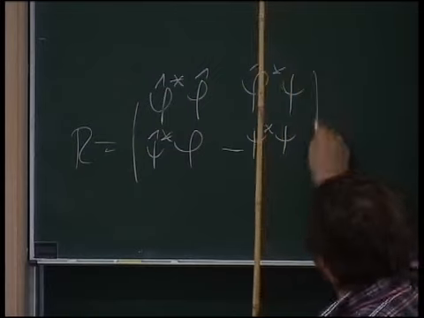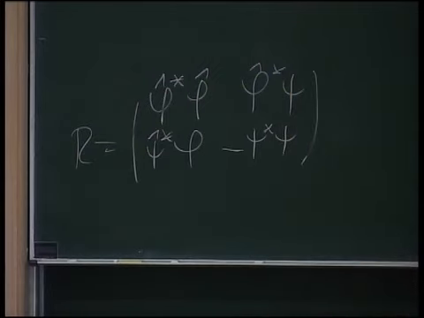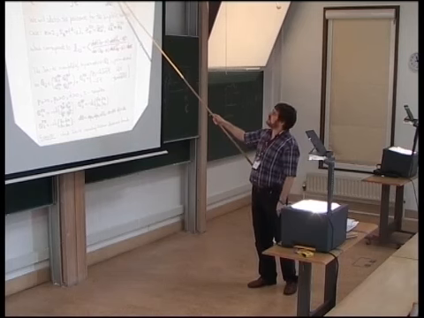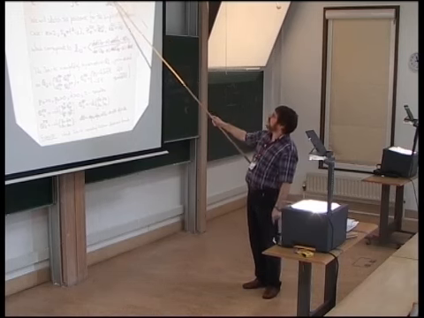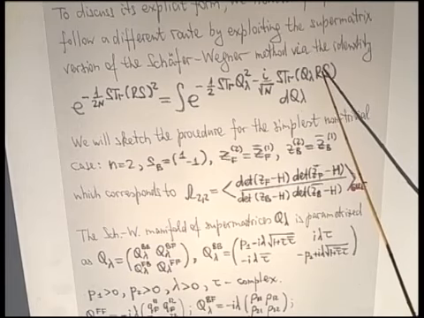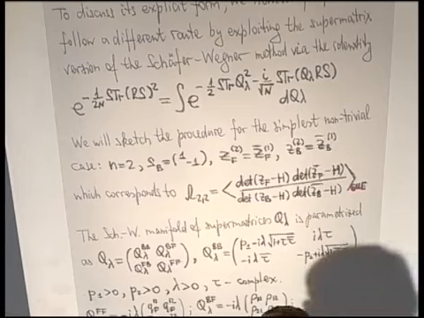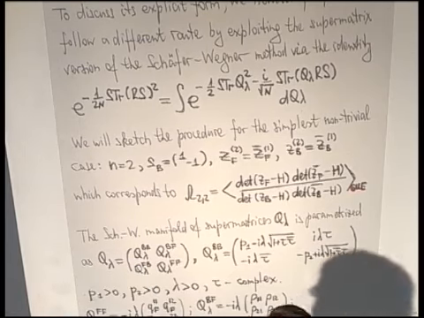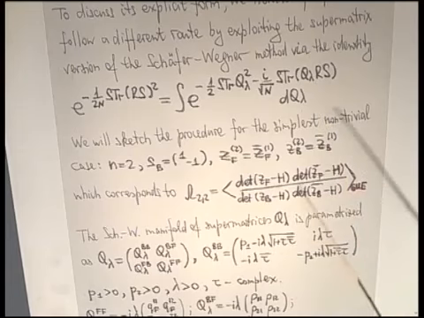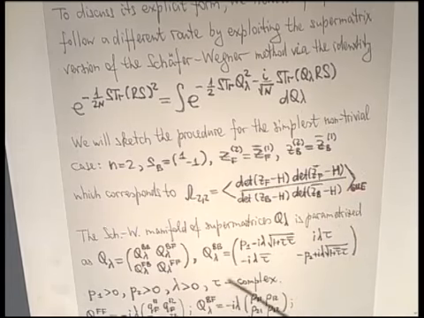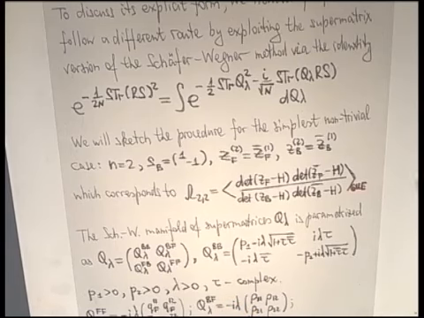So this is our supermatrix R. Again, we linearize the expression in the exponent. Now we have this form. It's linear in R, therefore just quadratic in the components of phi. So we see that we can perform the integration in the same way as we always do when we apply the Hubbard-Stratonovich transformation.